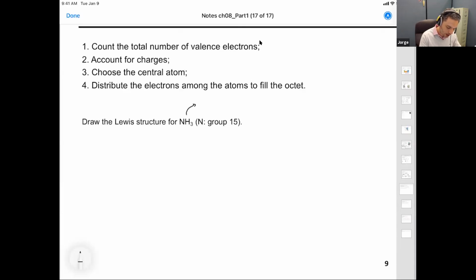Therefore, the kind of bond formed between nitrogen and hydrogen is called a covalent bond. Okay, the atoms will combine, sharing a pair of electrons to achieve stability.